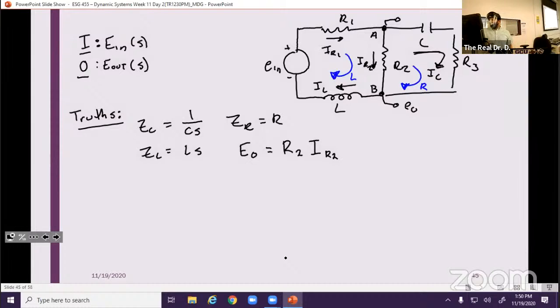So if I'm going to do this with impedance, first thing I'm going to do is collapse this branch. These are in series and they share the same current, so I can add them in series, right?